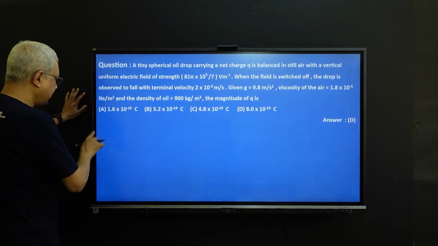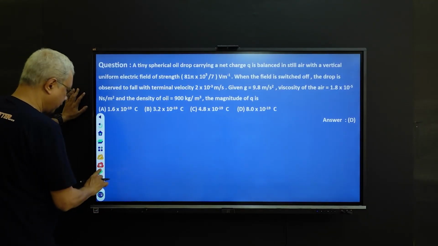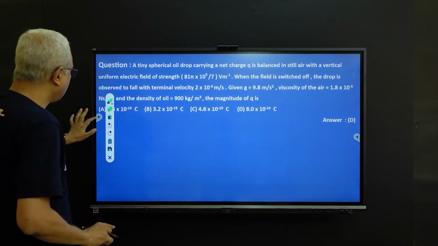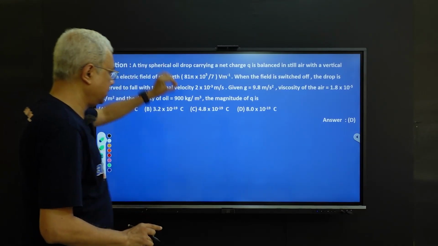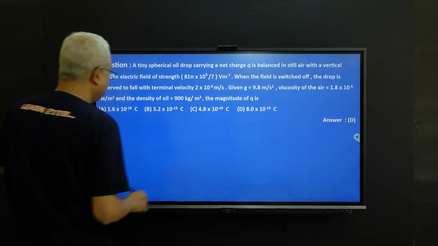Once again I repeat, when the electric field is not there, the oil drop is falling in air with a terminal velocity v.